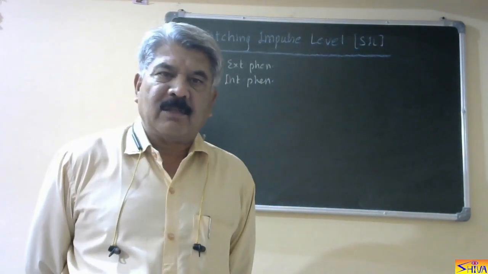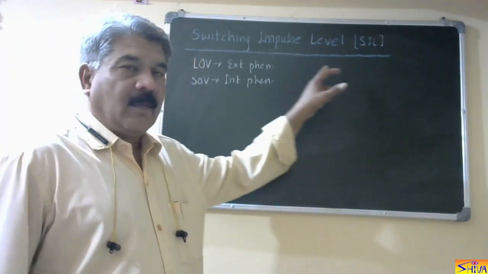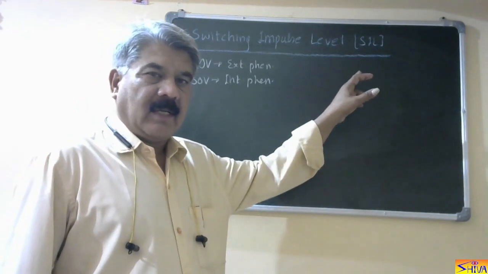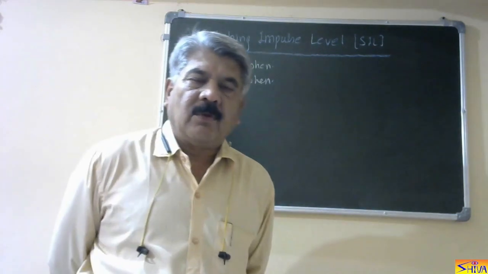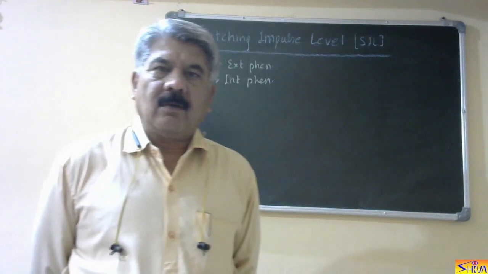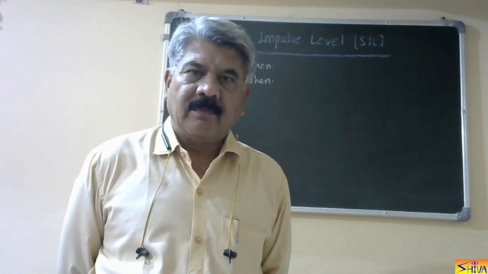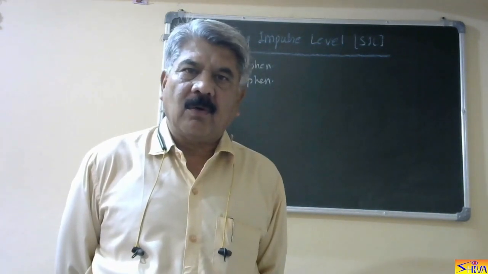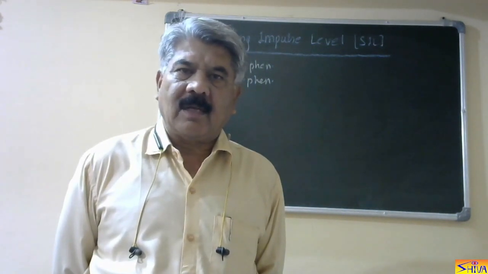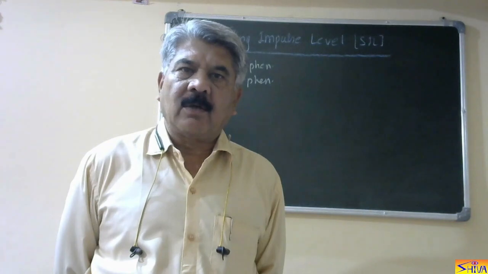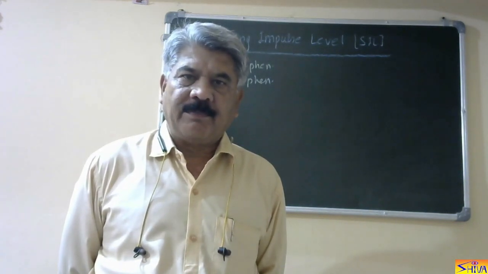Next, I will explain switching impulse level, that is SIL. We know that lightning is an external phenomenon. Therefore, the over voltage generated by lightning does not depend on the system voltage.